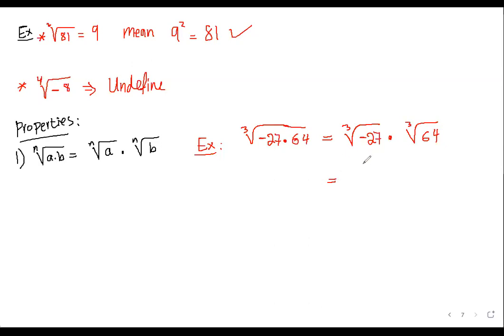I can simplify and solve it. It is equal to minus 3 times 4, which is minus 12. Again, the number 3 is odd, so it doesn't matter whether the inside is positive or negative.